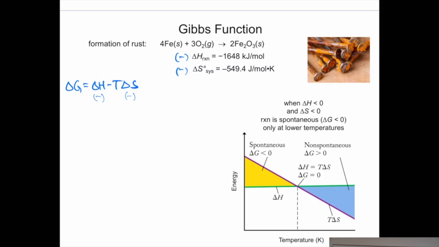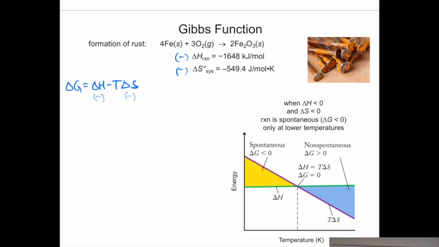So you can see at low temperatures, because this is a negative times a negative, that's a positive value. So at low temperatures, this absolute magnitude has to be less than delta H for this to still be a negative number. Given that entropy is decreasing, if the T delta S value gets larger than that, then it's going to be a positive value and it's no longer spontaneous.